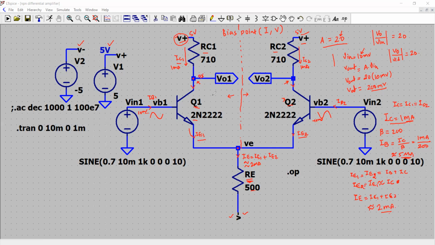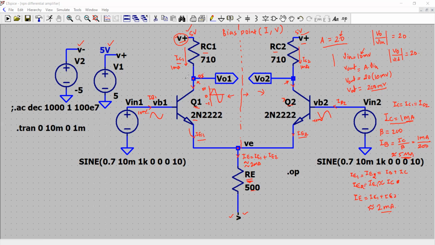Why am I choosing 0? Because my output signal swing will start from the DC bias level of 0 volt, and it can go high up to 5 volt DC, which is the maximum power supply voltage in the circuit, and down it can go to minus 5 volt right over here. So that is what I expect for this branch of the circuit also.